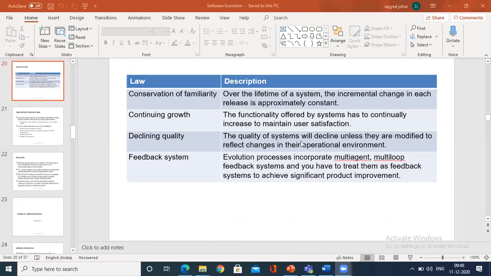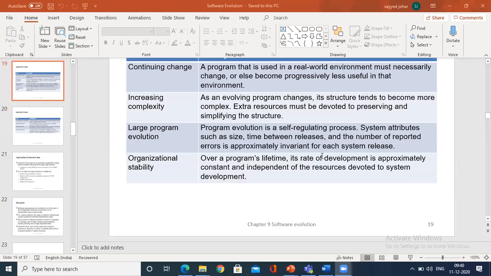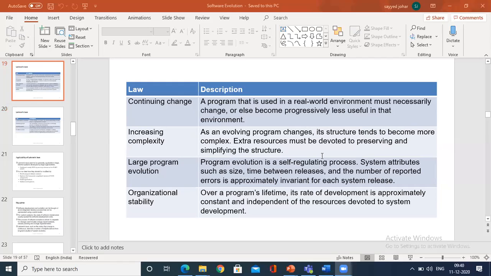The first law: system maintenance is an inevitable process. The second law states that when the system is changed, its structure is degraded. So whenever the system is changed, the system is degraded. If you find it difficult to understand the concept: the first law says system maintenance is always inevitable because you cannot avoid it. The second law says any changes to the system degrade the structure, right?